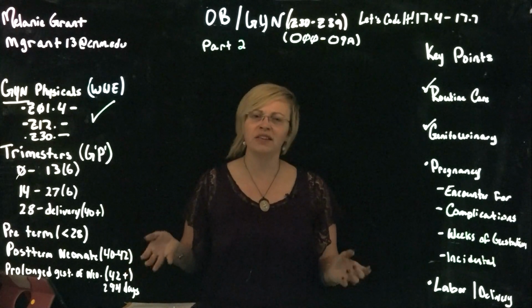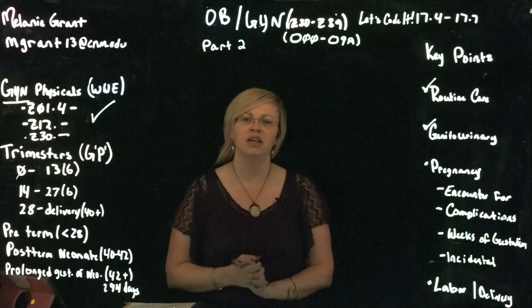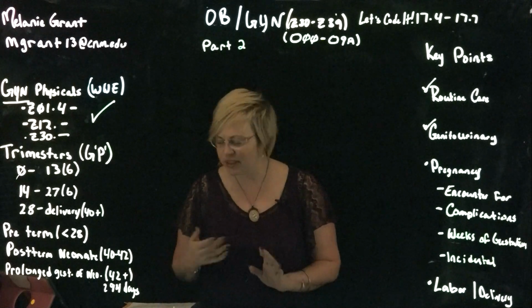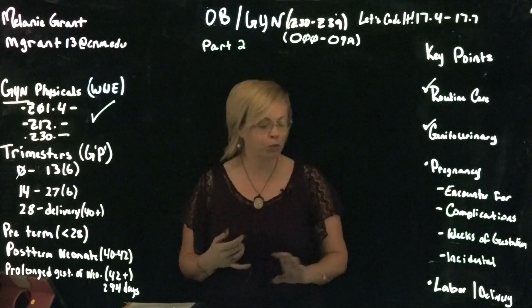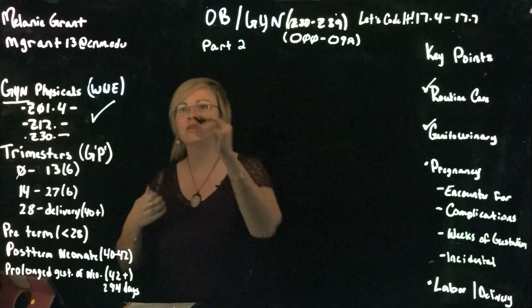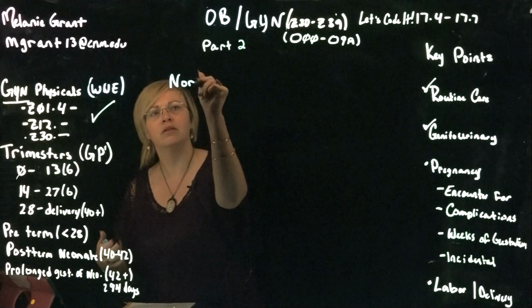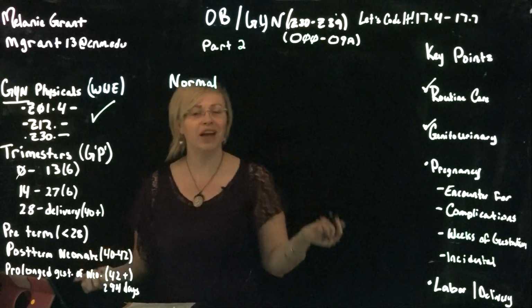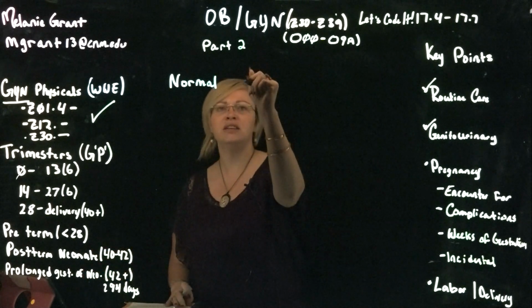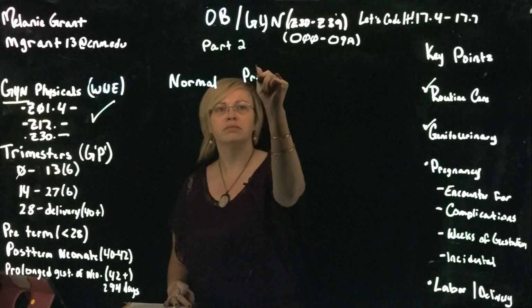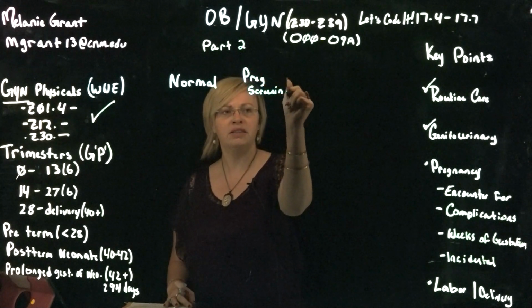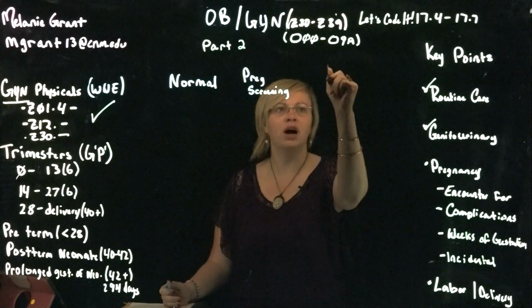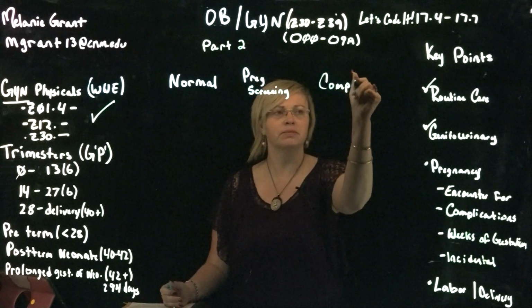Now, let's talk a little bit about pregnancy. So there's a lot of different conditions for pregnant patients. You have just your normal run-of-the-mill pregnancies, your encounters to determine pregnancy, and of course you have complications.